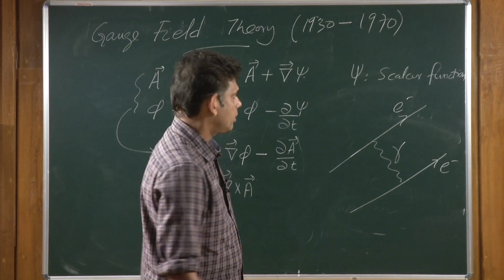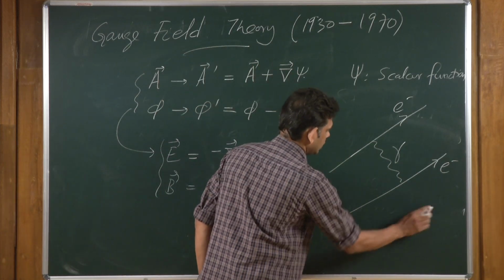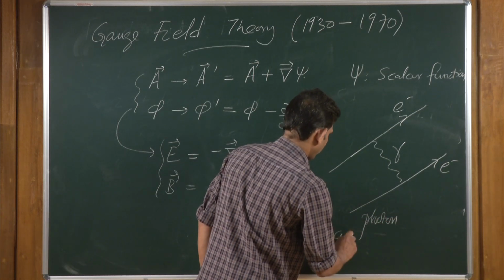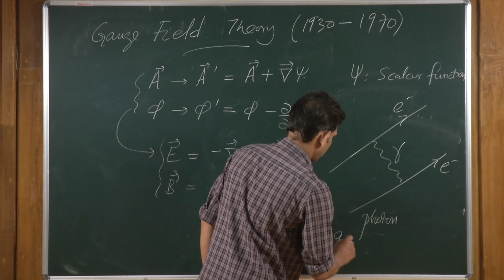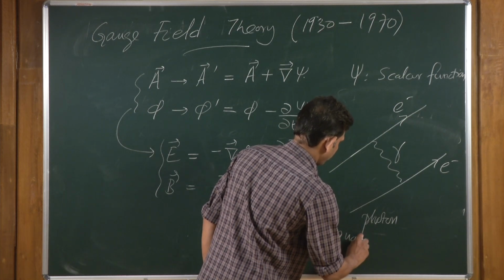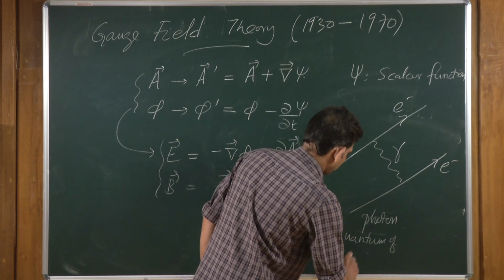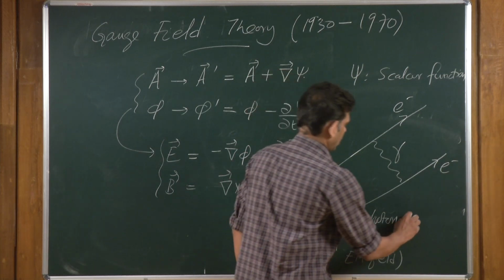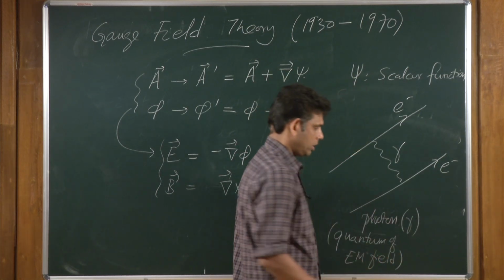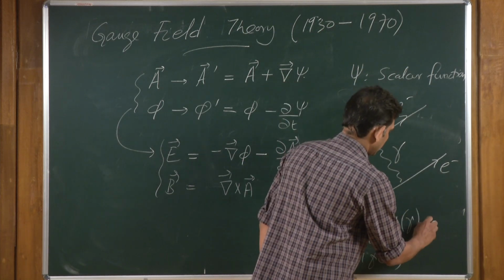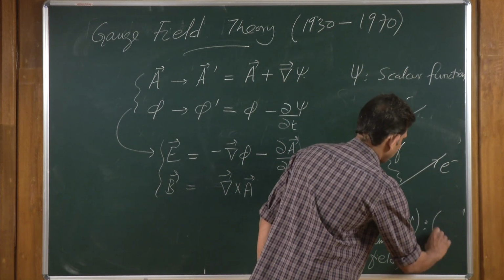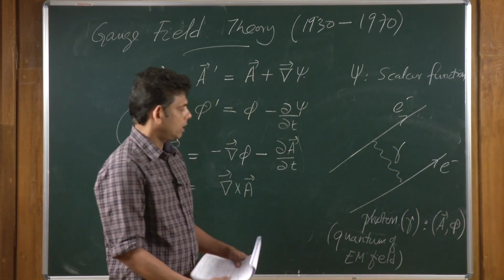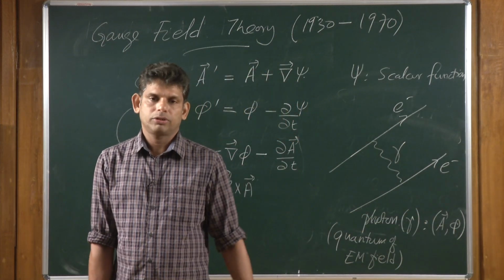And this particle for electromagnetic interaction is called the photon, which is essentially the quantum of the electromagnetic field, denoted by gamma here, and represented mathematically by the vector potential and the scalar potential. They describe the photon.